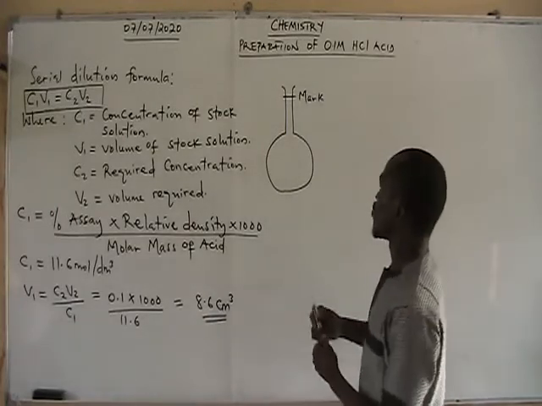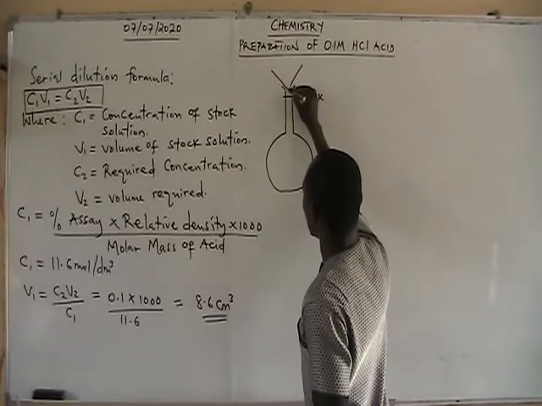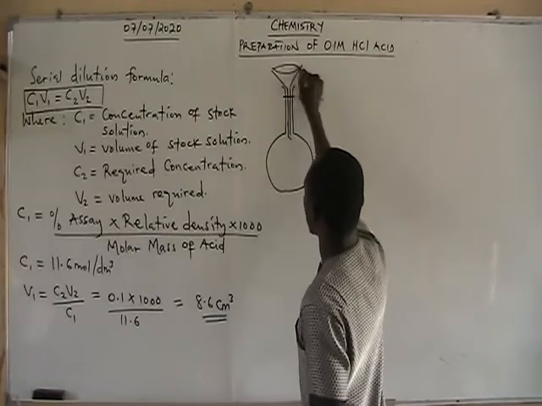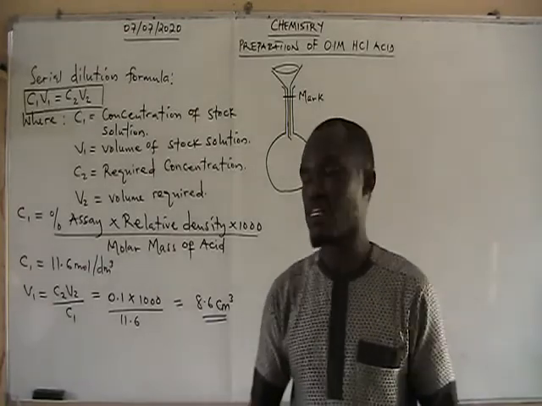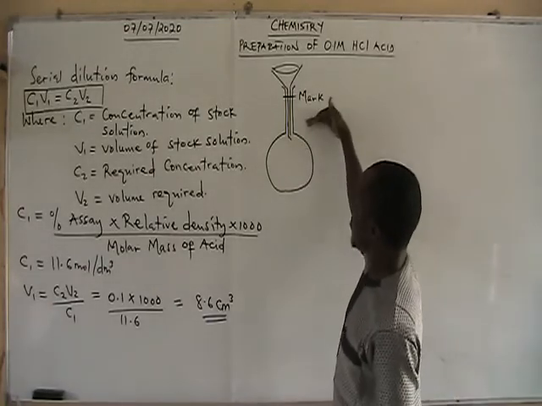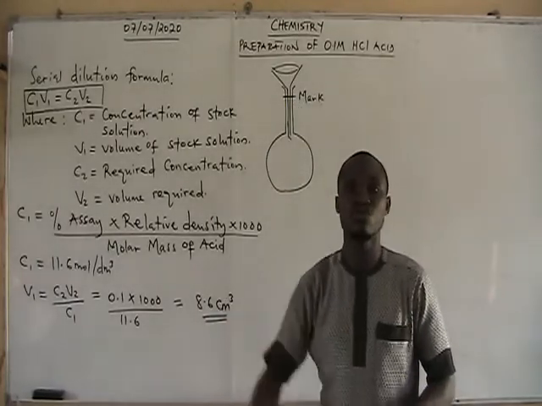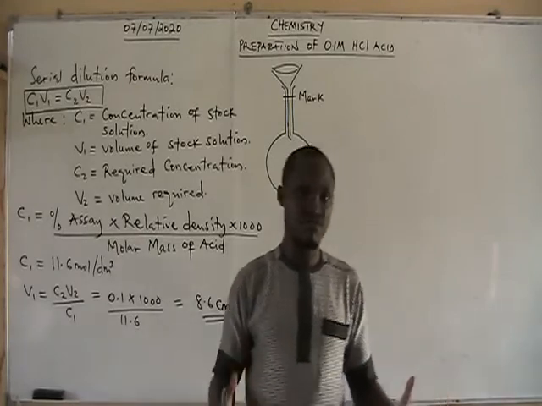You use the funnel to transfer the solution straight into the flask carefully with the aid of the rod. Are we together? Once you fill to this mark, transfer the solution into an aspirator bottle and store it for future use.